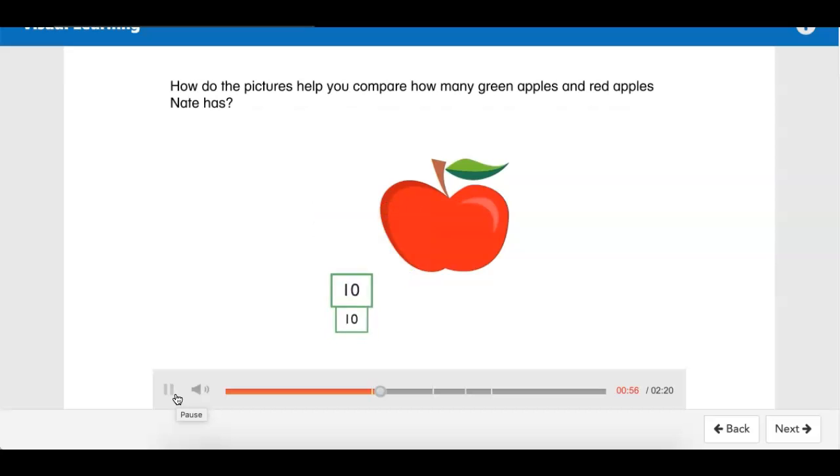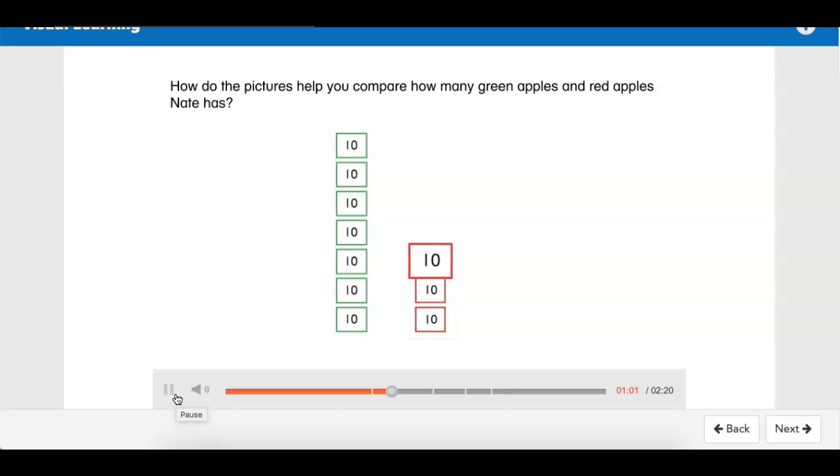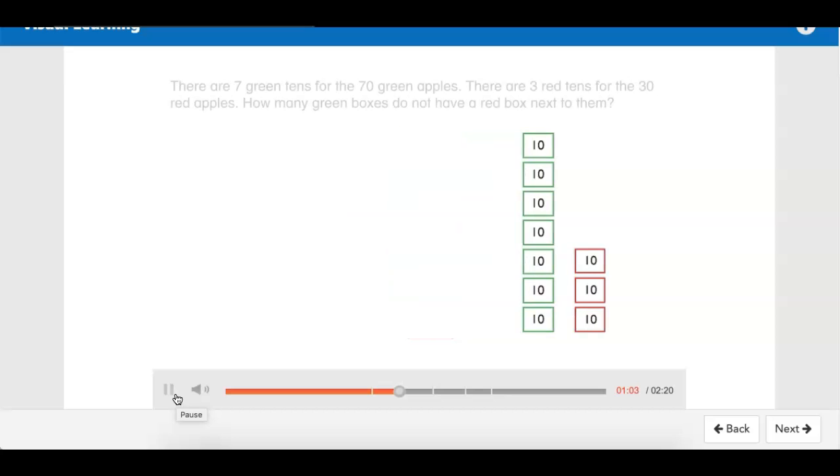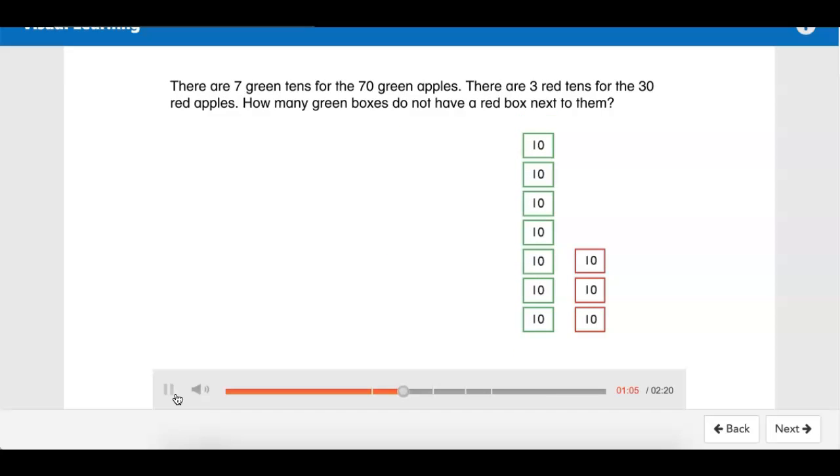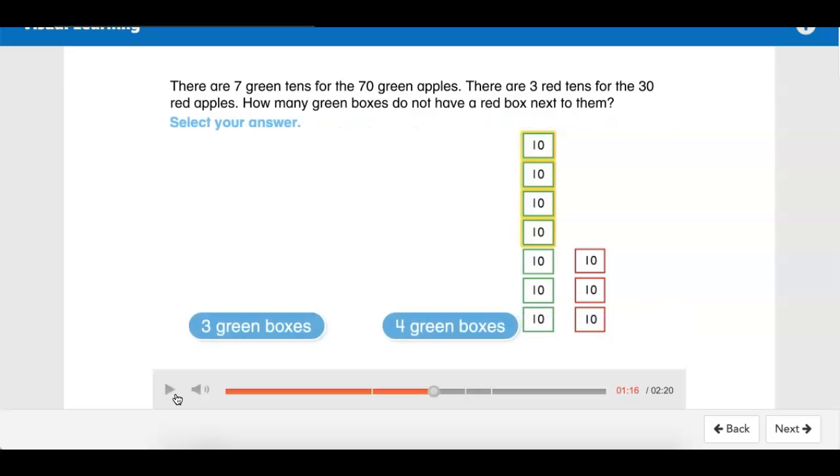How do the pictures help you compare how many green apples and red apples Nate has? There are 7 green tens for the 70 green apples. There are 3 red 10s for the 30 red apples. How many green boxes do not have a red box next to them? Select your answer.